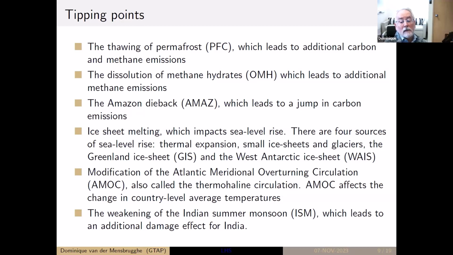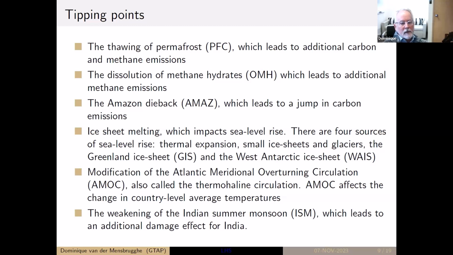The Amazon dieback is going to lead to a jump in carbon emissions. Ice sheet melting will lead to sea level rise, and they have 4 sources of this: thermal expansion, small ice sheets and glaciers, the Greenland ice sheet, and the West Antarctic ice sheet.